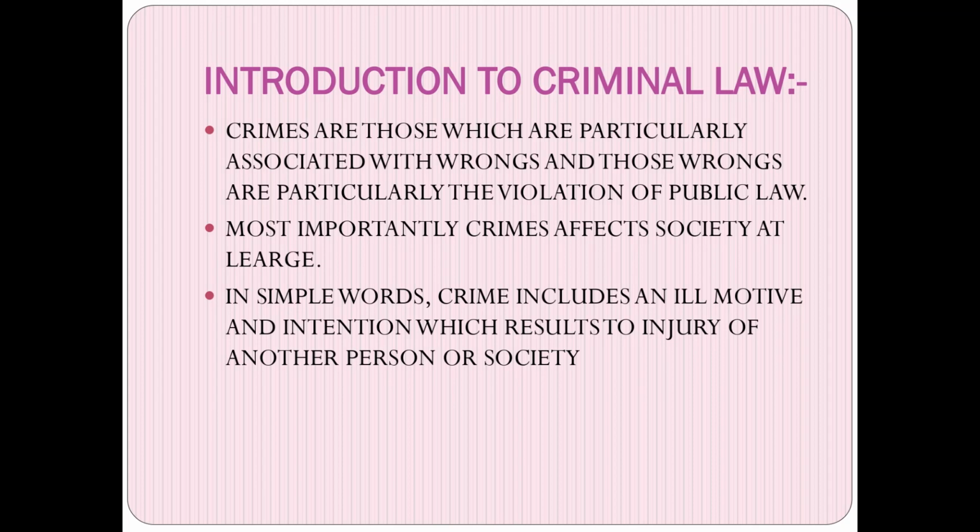So if a person violates the public law, then he constitutes a crime. This is the simplest form of crime. And in crime, it is important that the crime affects the society at large. In simple words, crime includes an ill motive and intention which results in injury to another person or society.